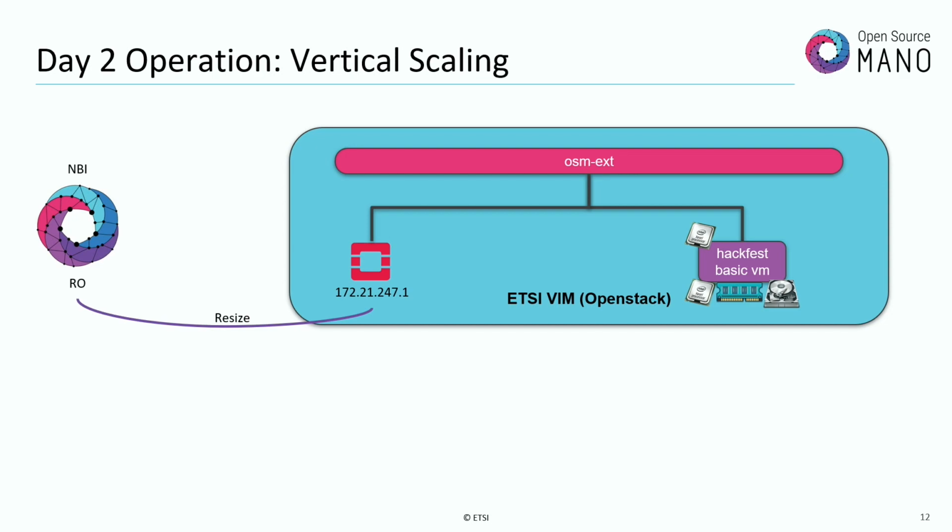That's an operation from OpenStack. So OSM doesn't really do much more than tell OpenStack, hey, I want to do a resize. Of course, it monitors it, makes sure that the resize operation is successful and whatnot. But that's basically all there is to it: we're going to add more CPUs or remove them, or add memory or remove memory.